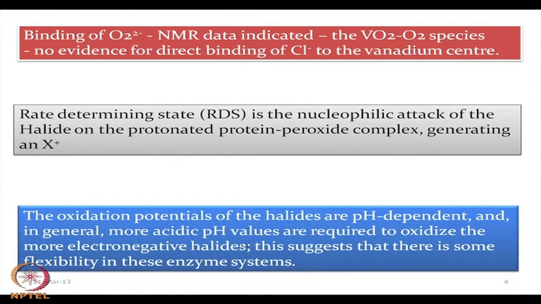If we compare the corresponding redox potentials for Cl minus, Br minus and I minus, we find that the oxidation potentials of the halides are pH dependent, and in the catalytic cycle for all these reactions the pH dependence is also very much crucial, whether we are going for protonation of the vanadium OH bond or the deprotonation of the OH from the vanadium center giving the vanadium oxo center.